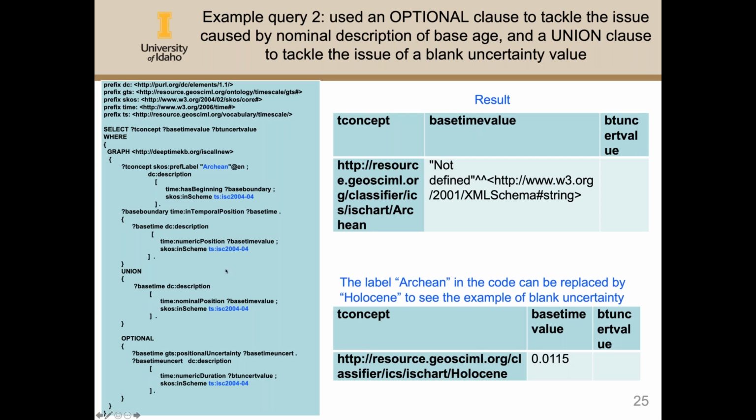It's not defined. So this union clause will address that. And if we change the concept to be queried to Holocene, we can get a result like here. The base boundary uncertainty is not defined in the vocabulary, so you can see a blank value here. And this was addressed by using this optional clause in the SPARQL code.